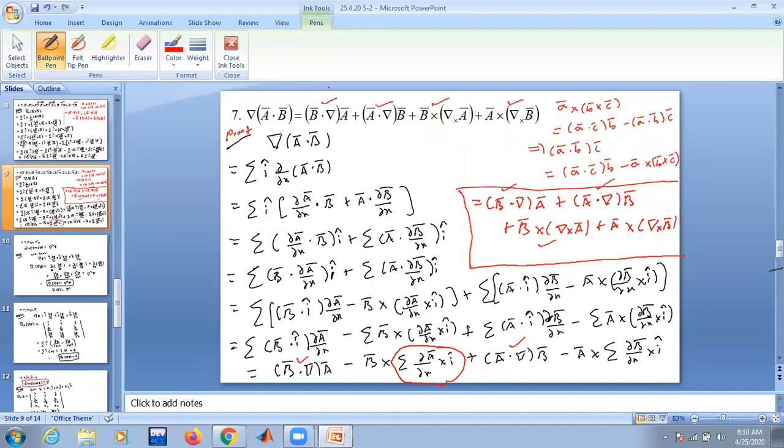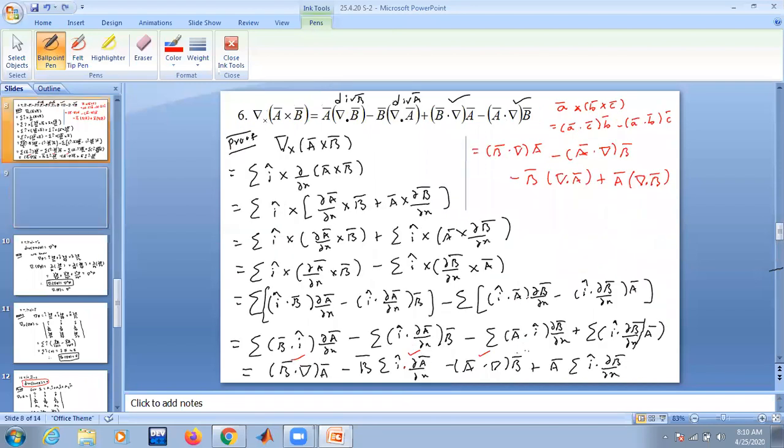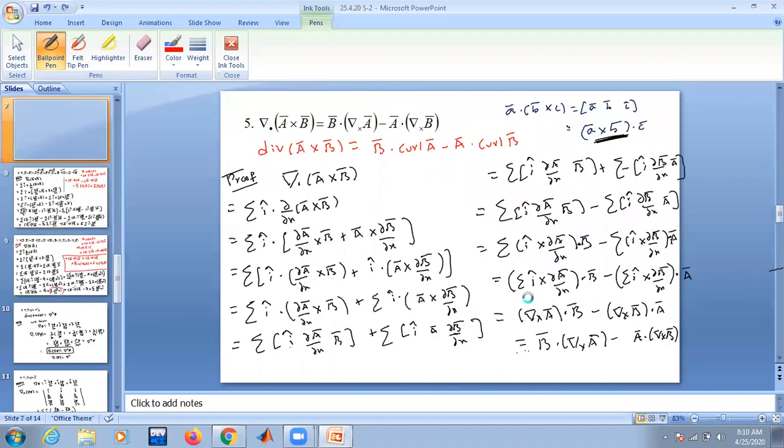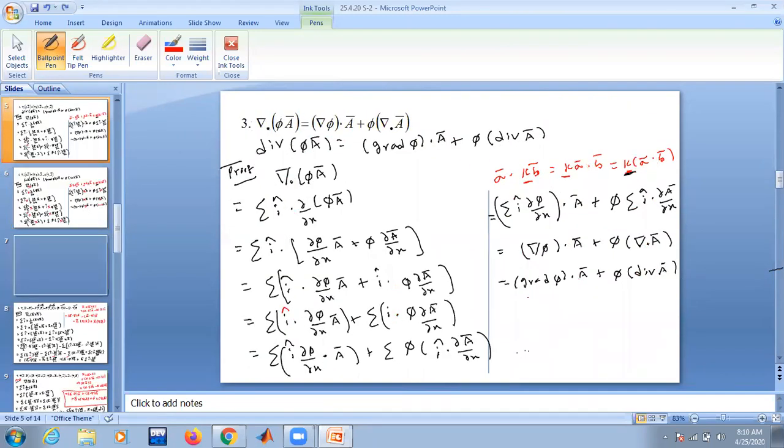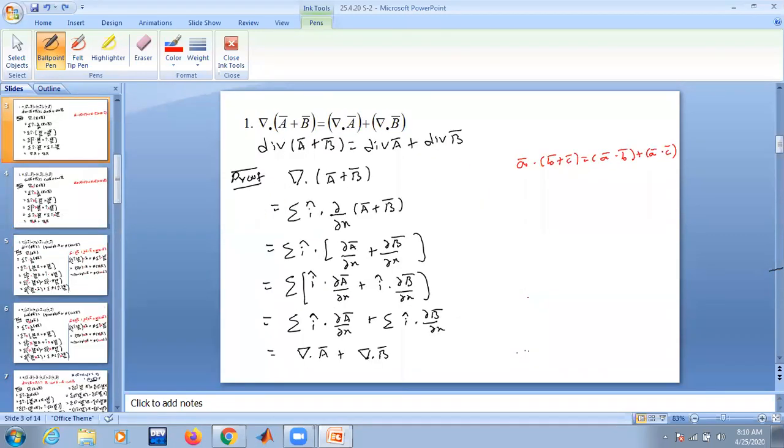So these are the 11 identities which are very much useful in doing problems on vector calculus. First one is linearity. Second one is also linearity.